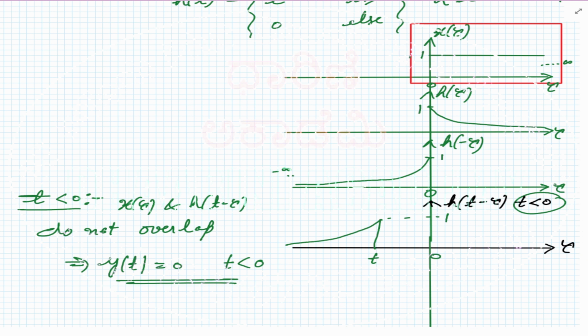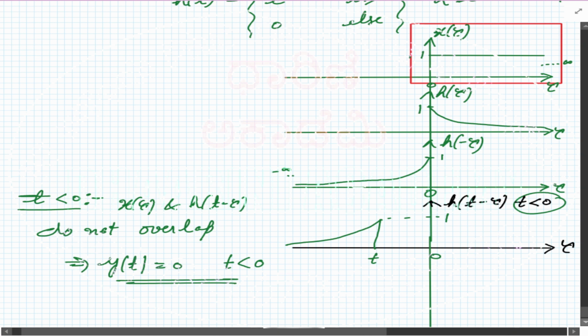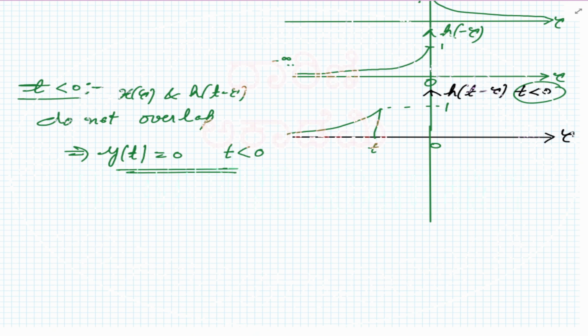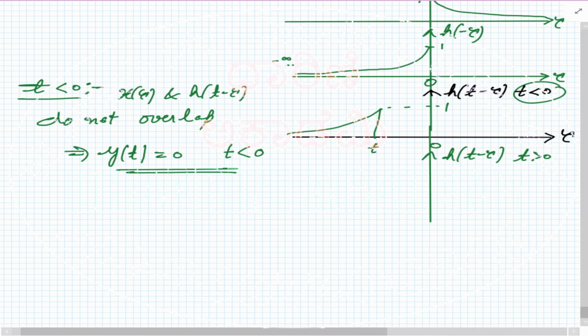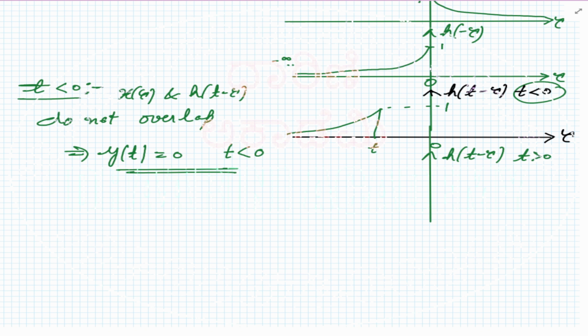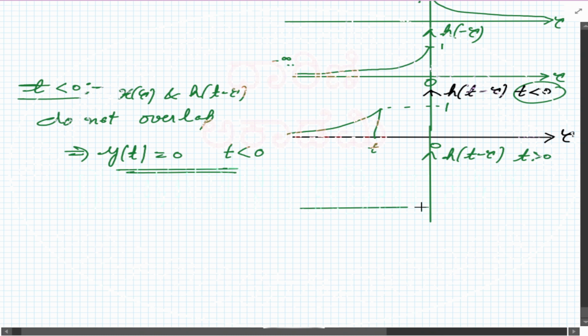Okay, now let's make a t which is positive. So my next condition is that I'll write h of t minus tau itself, but now t is greater than 0, right? When t is greater than 0, what happens? Can you guess? Correct.